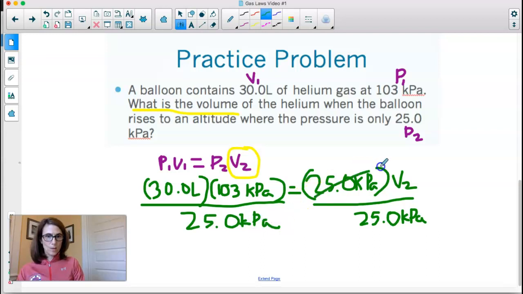Cancel that on this side. And then just plug what we have into our calculator. So we have 30 times 103, divided by 25.